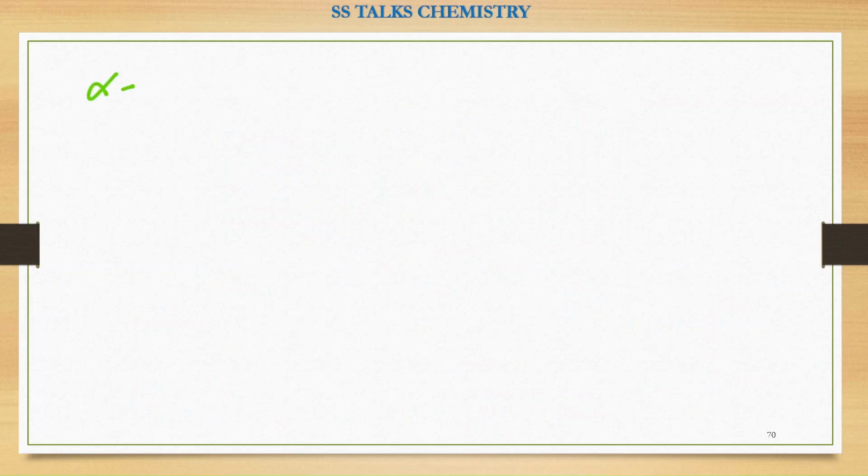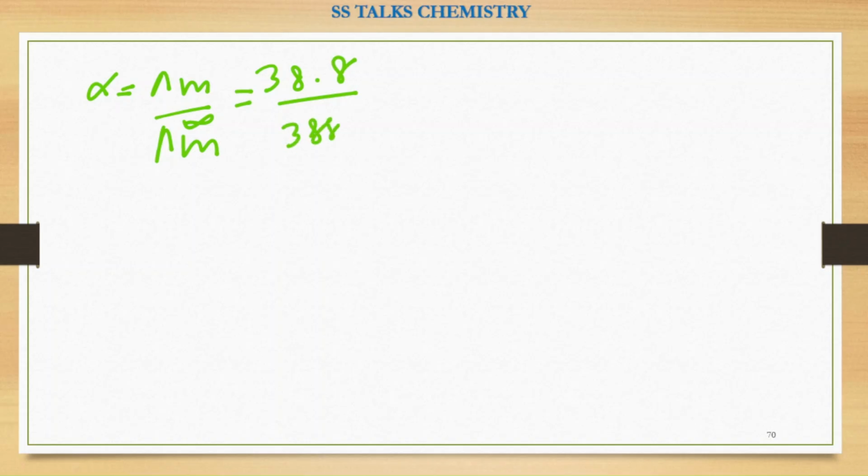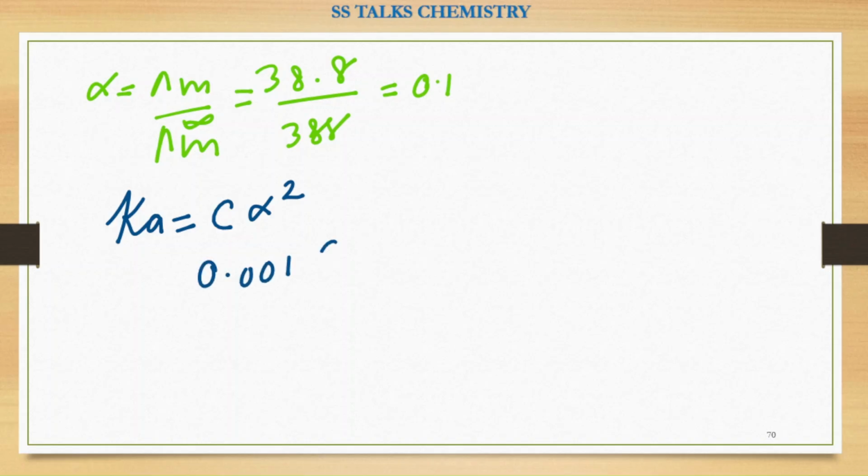And that is your lambda m at infinite dilution, which we found earlier. So the alpha value is lambda m upon lambda m at infinite dilution. So this is 38.8 upon 388. Right. So the value we will be getting is 0.1. So the alpha value is 0.1. Now we have seen that the dissociation constant Ka is C alpha square. So the concentration is 0.001 and the alpha value we have got is 0.1.